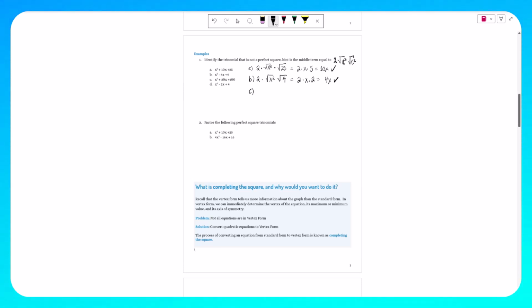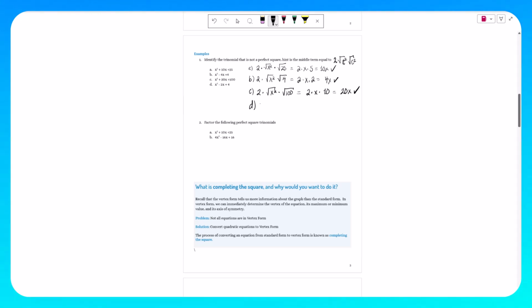Now let's try this one. We get 2 times the square root of x squared times the square root of 10. Well, that equals 2 times x times 10, and 2 times 10 is 20. So we get 20x. And the last one, x squared minus 2x plus 4.